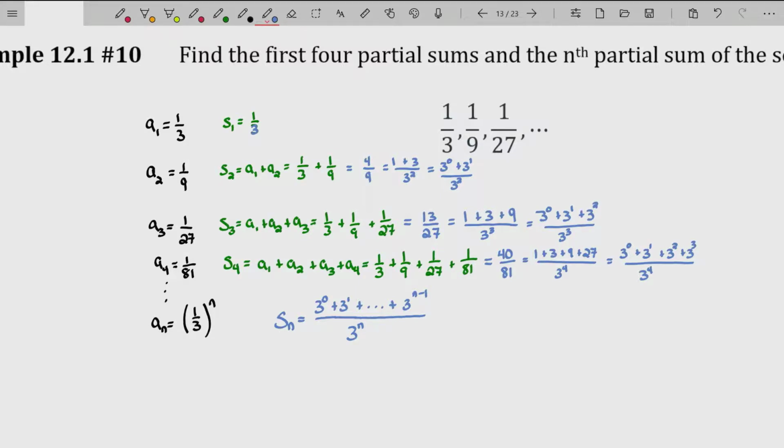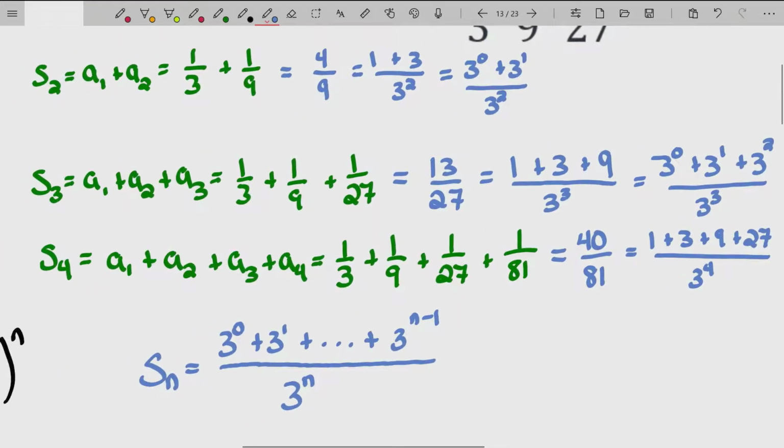Trying to look at it to see if there's maybe another way I could write this without using the summation notation. And truthfully, the only other way I could have written it is by looking at that fourth sum and noting that really all it is just 1 over 3 to the first plus 1 over 3 to the second plus 1 over 3 to the third and then plus 1 over 3 to the fourth.